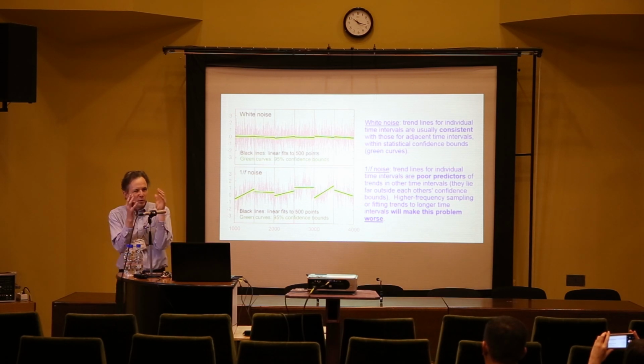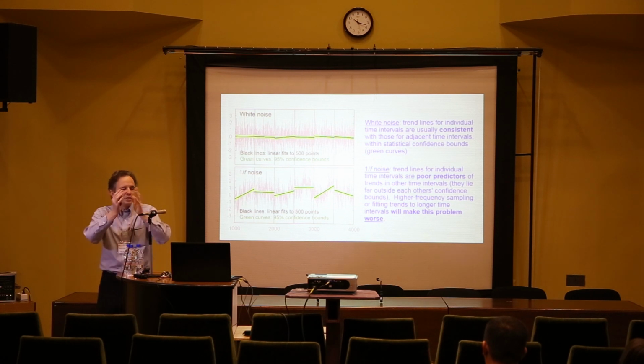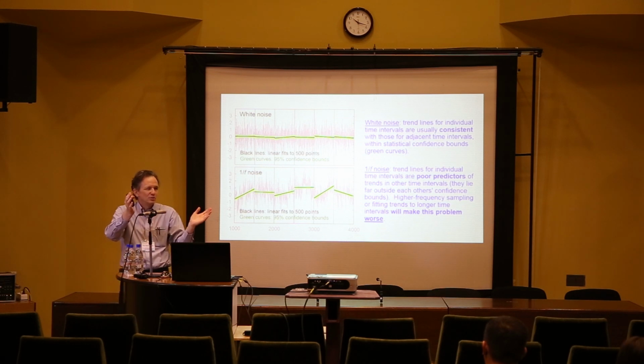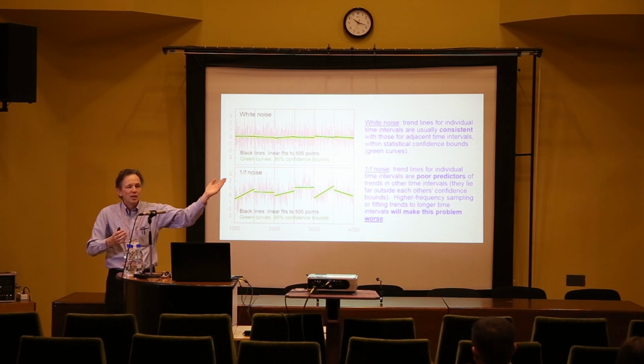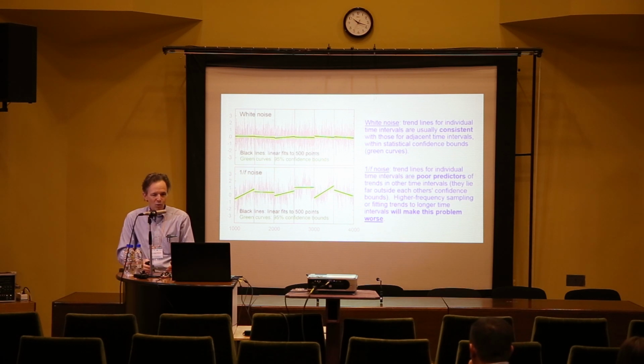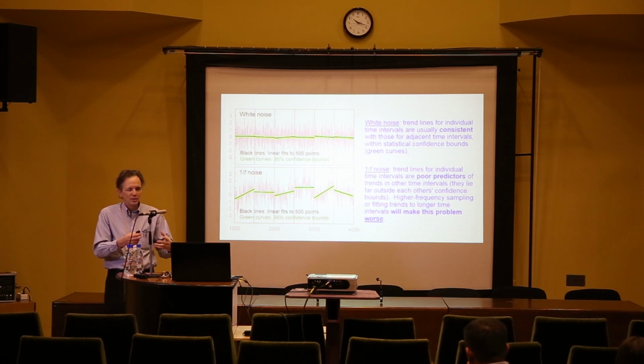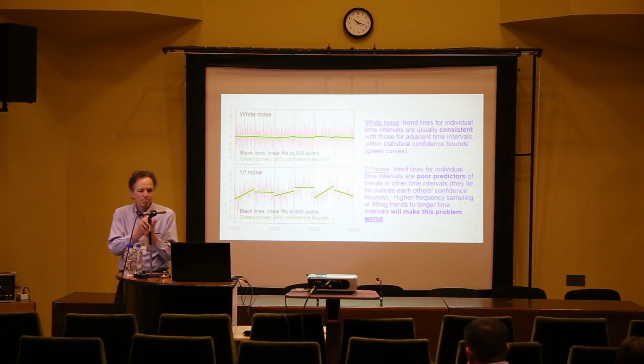That is, we calculate our uncertainties, we calculate our confidence bounds, and we very confidently think we know where that trend is going, and then it doesn't go that way. So, in general, even if you get a very clear trend with narrow uncertainty bounds, that trend will be a very poor predictor of what the trend is in the next time interval.